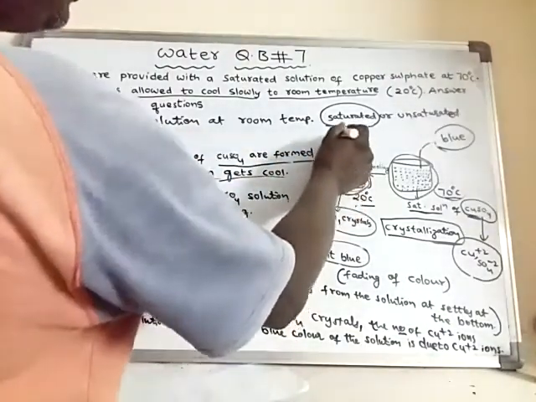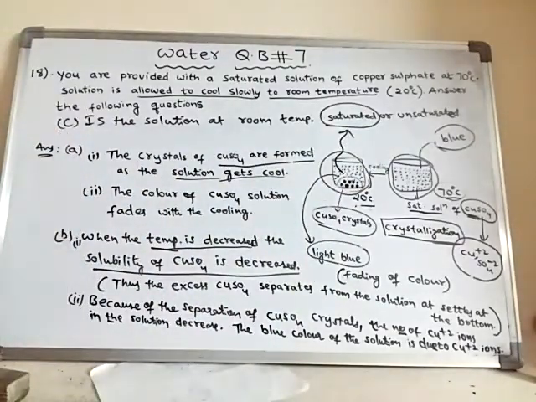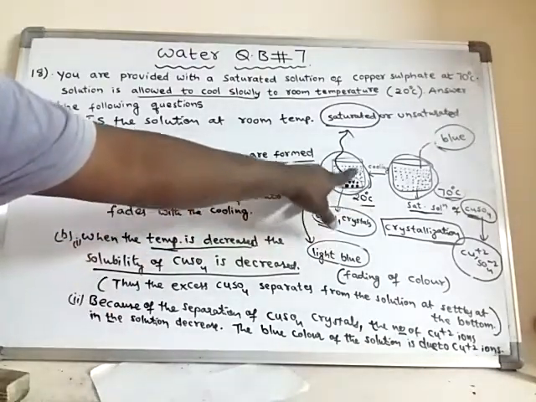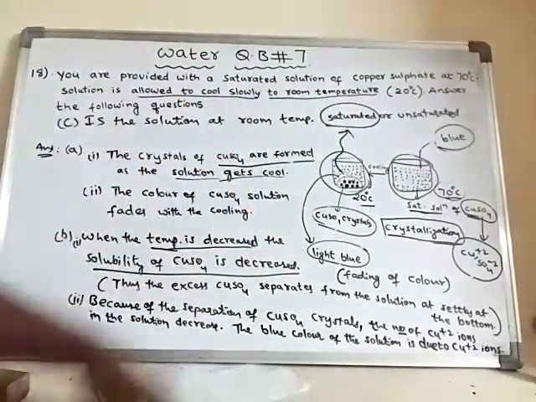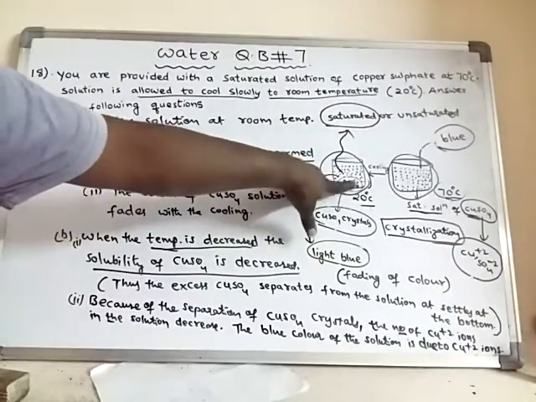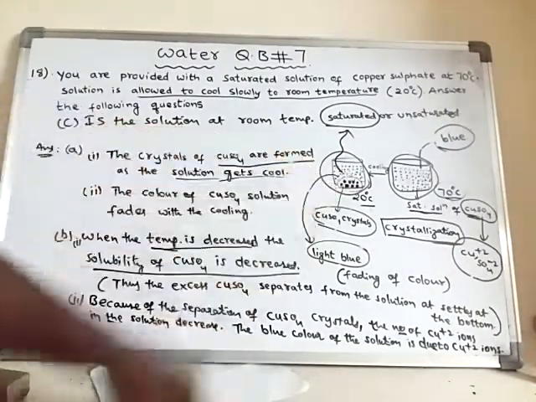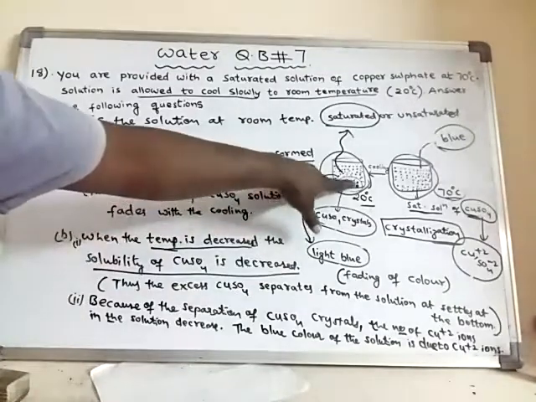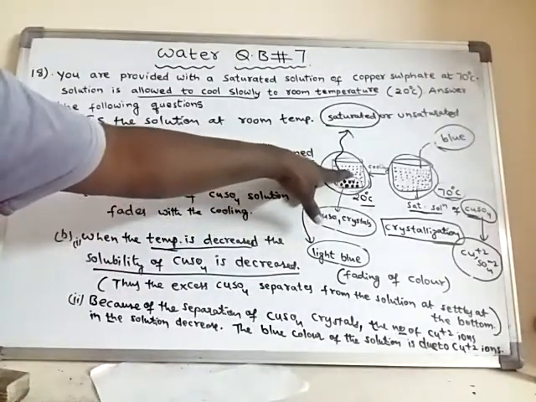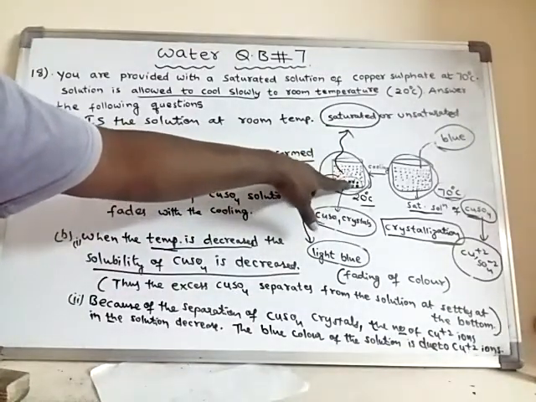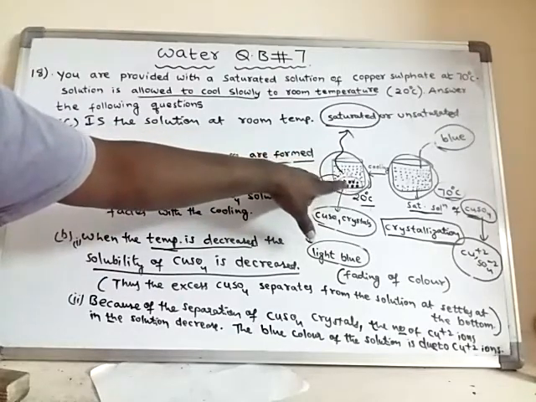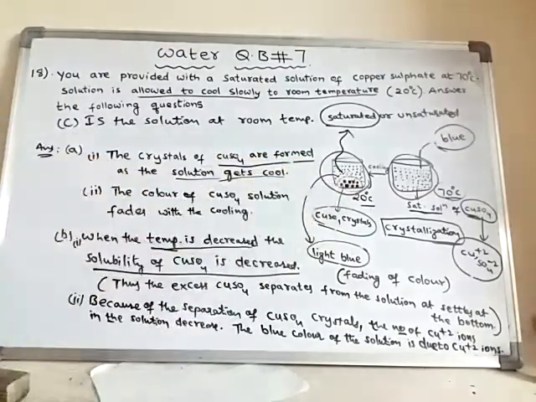So the answer for question C is: the solution is saturated only. At 20 degrees centigrade it is again saturated, because the solution is unable to dissolve these crystals, so they are present at the bottom undissolved.